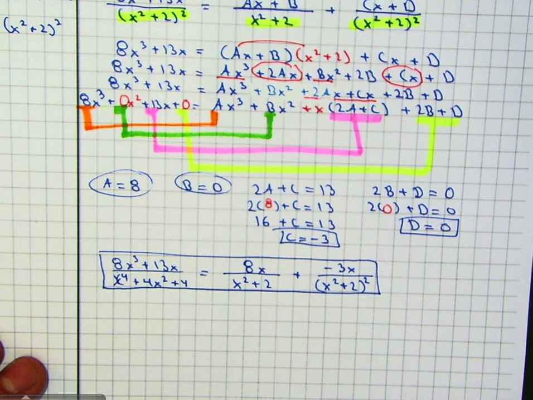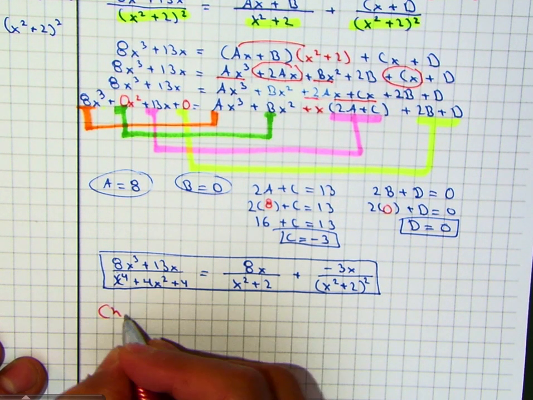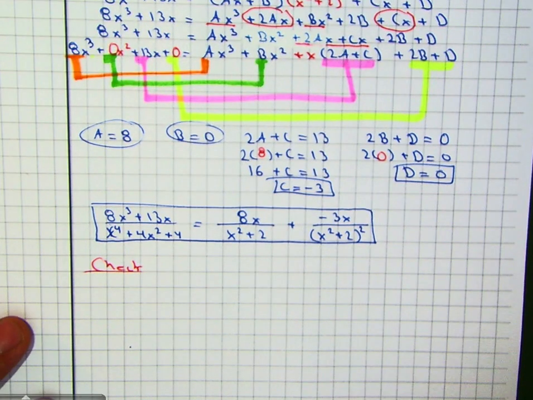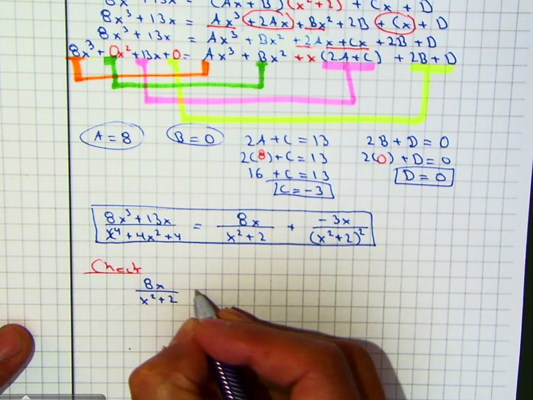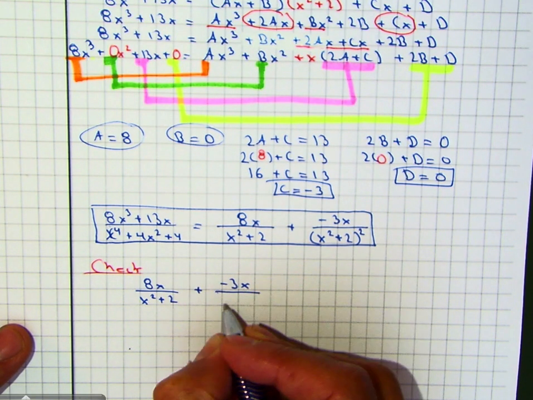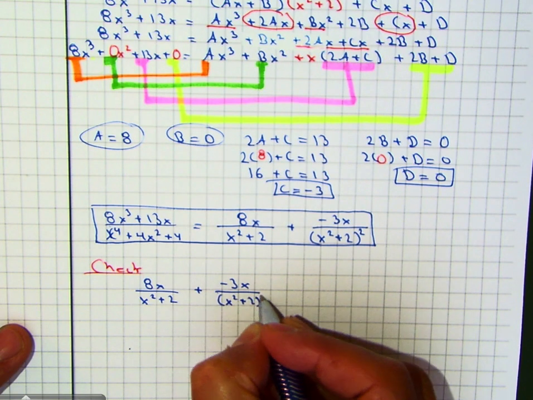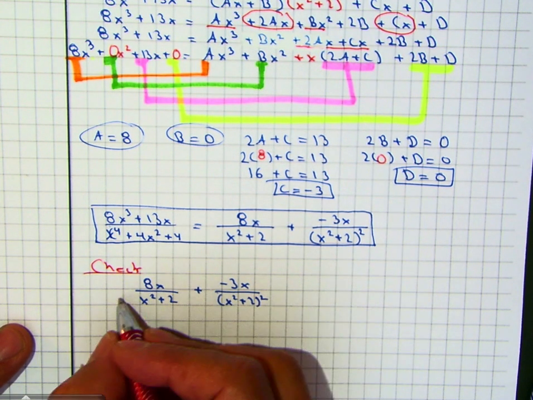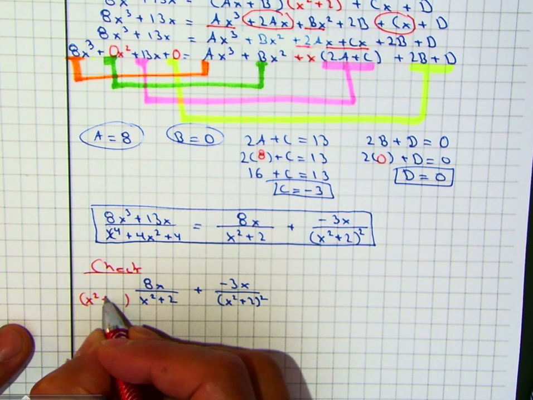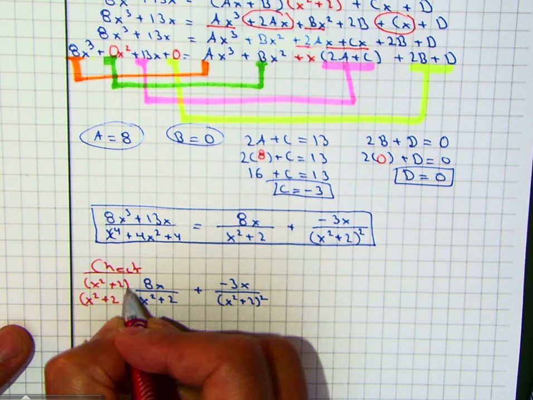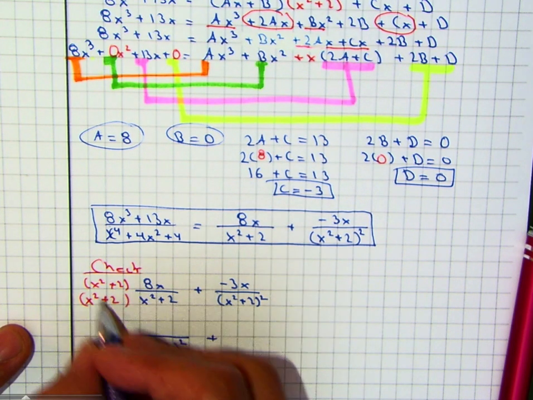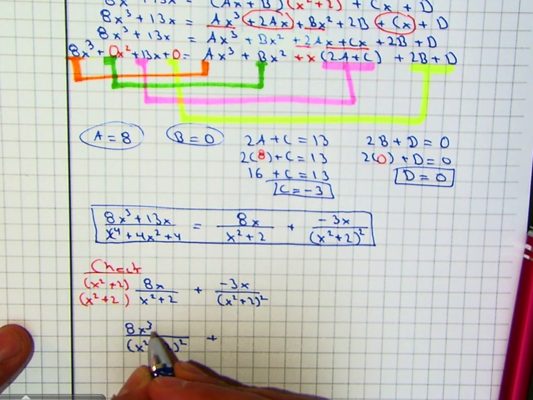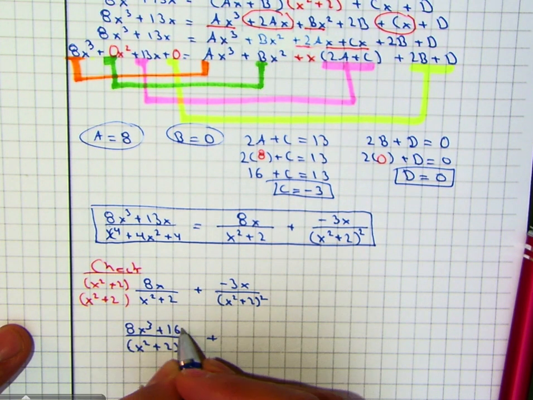Now, how can I check it? By just adding both fractions. So we have 8x over x squared plus 2 plus negative 3x over x squared plus 2 squared. I need to have the same denominator, so therefore this is the only one that needs an x squared plus 2. My denominators will be the same, which is x squared plus 2 squared. Multiply this out, gives me 8x to the third plus 16x.